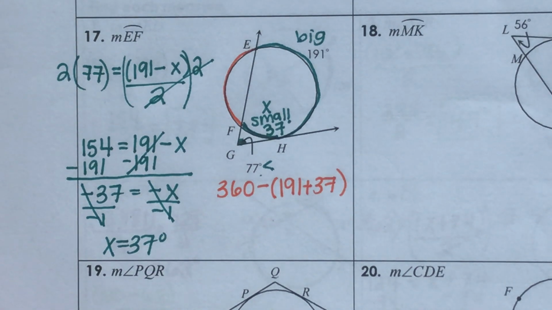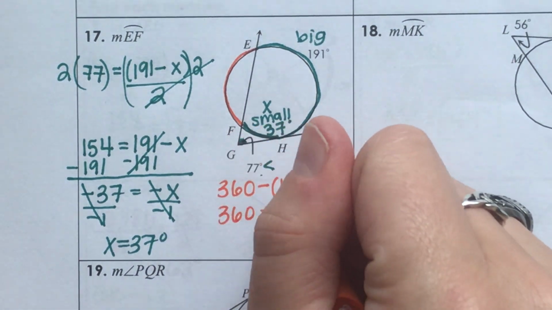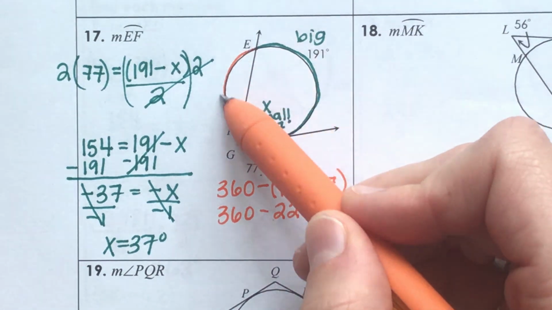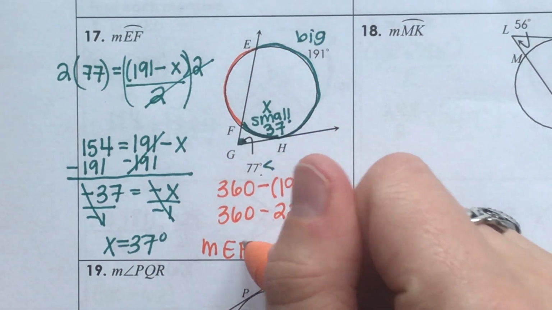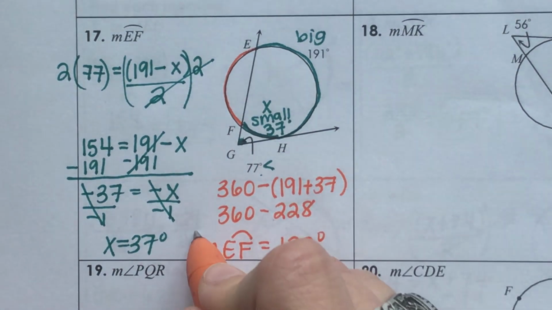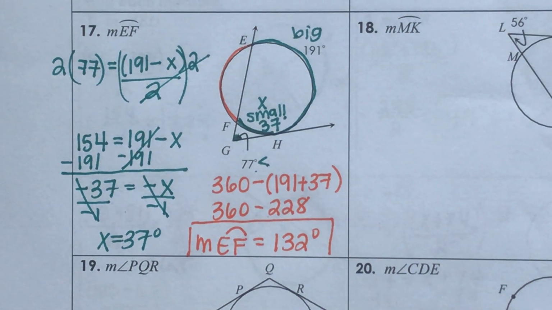Okay, so if I add 191 and 37, I get 228. And if I subtract 360 minus 228, I get that this arc right here, the measure of arc EF is 132 degrees. So I had to figure out what the x was first before I could figure out what that arc is. So you got to be really careful. You never know what pieces of information are going to be given to you.